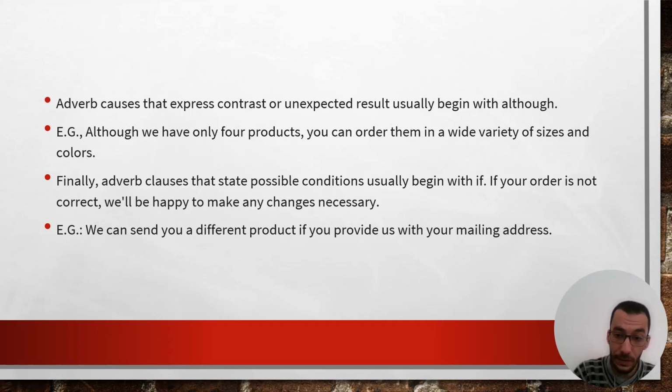For example, we can send you a different product if you provide us with your mailing address. You will notice that we use if for possibility. If you can provide us with your email, we can send you a new or different product.